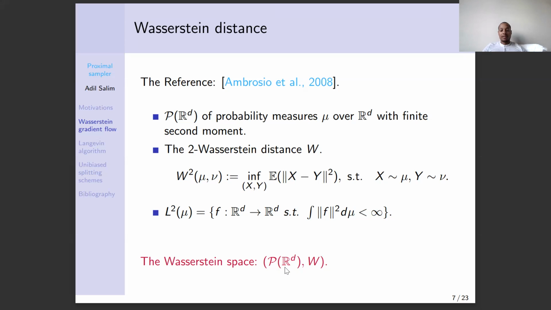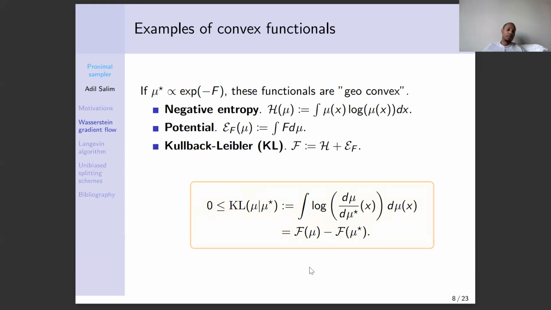So P of R^d endowed with the metric W gives you the Wasserstein space. So the Wasserstein space is a metric space. It's a bit more than a metric space, but it's not a Euclidean space at all. But it does have some properties.